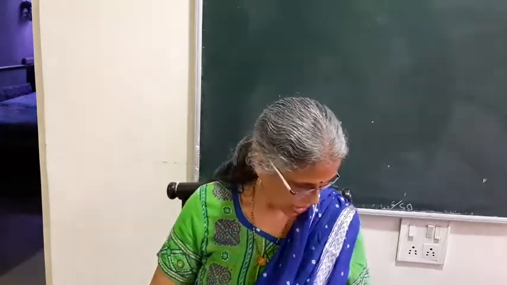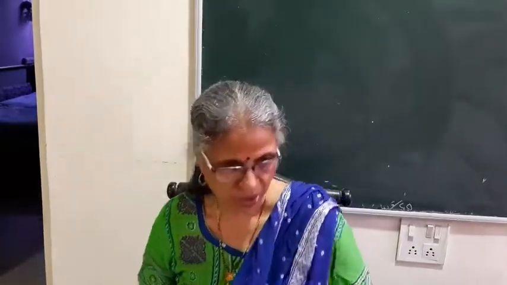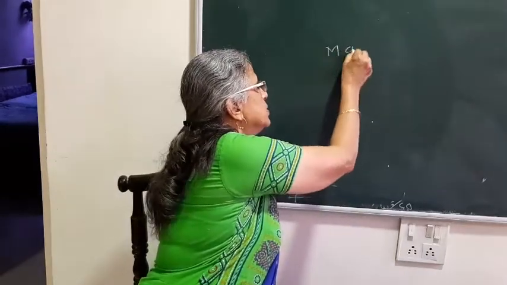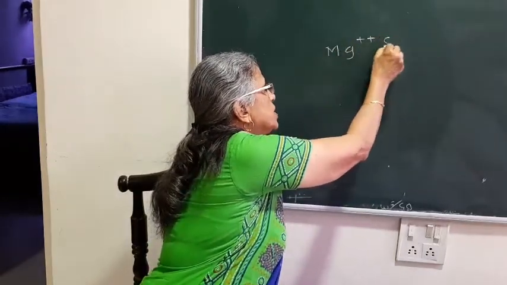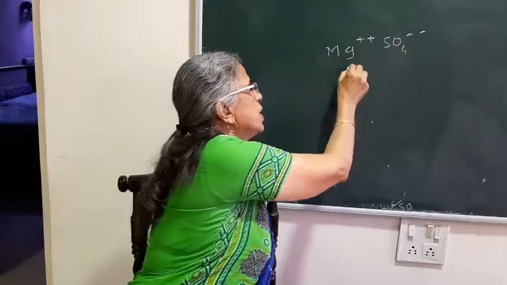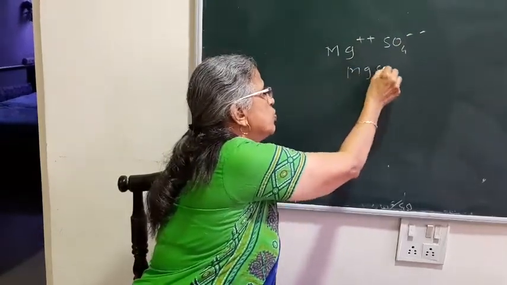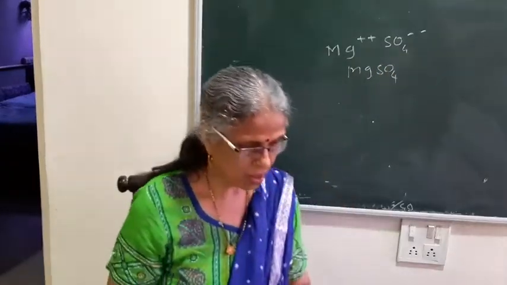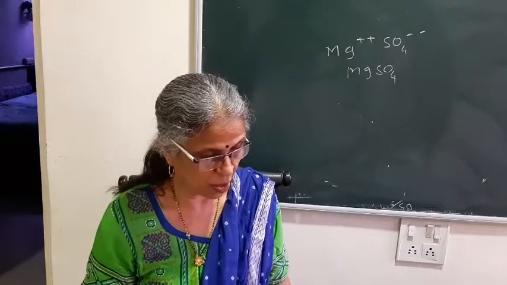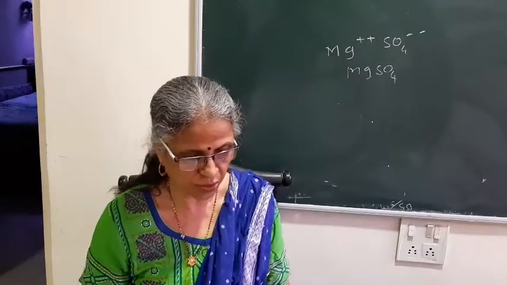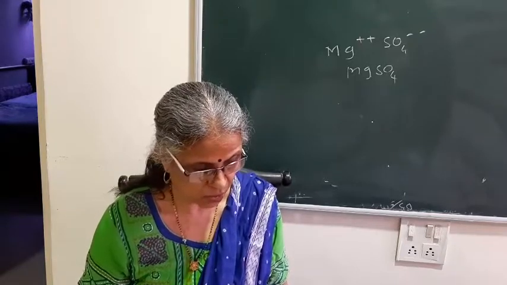For example, magnesium sulfate. Magnesium has valency 2, sulfate has valency 2. Both have the same valencies, therefore we have the compound MgSO4, both will get cancelled. That is the method of writing the molecular formula of a compound, because a compound contains the atoms of different elements.